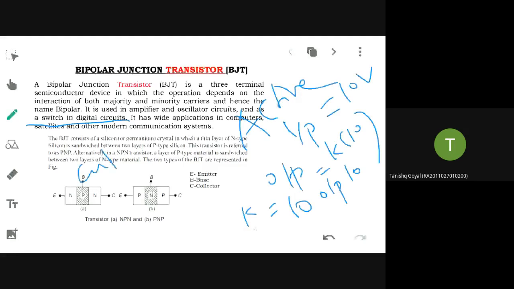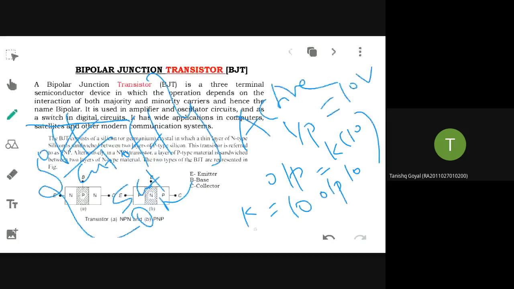Cutoff means it will be off, saturation means it will be on. So if you are operating the device in these two regions, it will be acting like a switch. Switching and amplification are general applications that you find for a bipolar junction transistor. Broad application categories, it can be used in computer, satellite, and communication system.